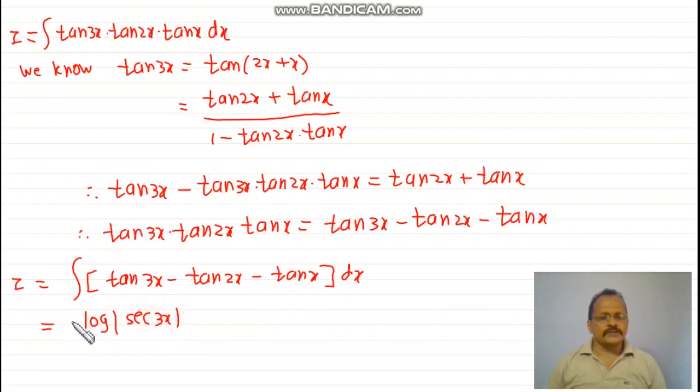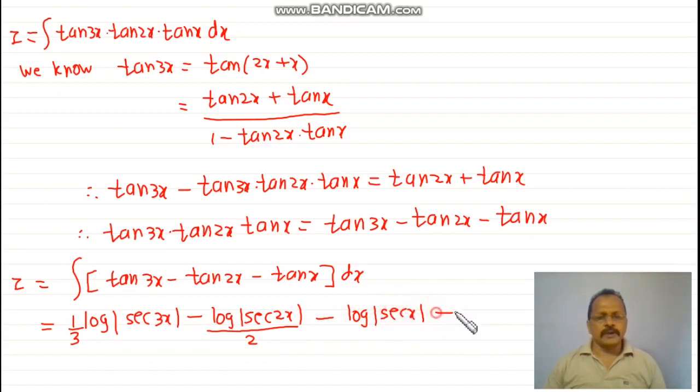X has coefficient 3, so I have to divide by 3, minus log mod sec 2x divided by 2, minus log mod sec x plus c.